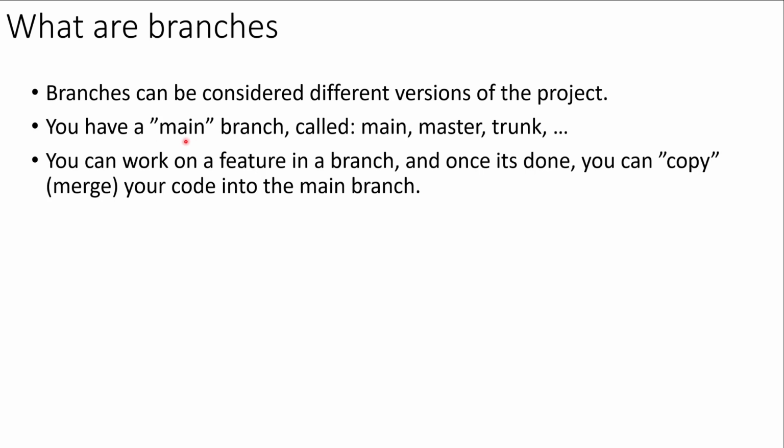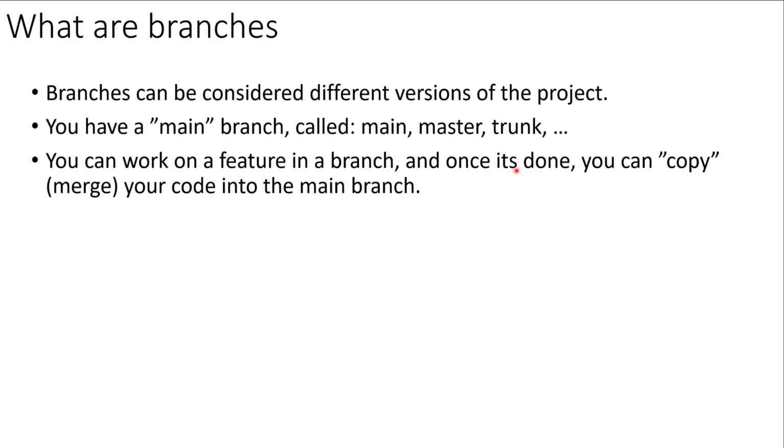Whenever you want to start working on a new feature, you create a new branch and you work on that feature in this branch, in this version of the project. Whatever you push and pull and commit to this branch, you can work with and not affect the main branch.